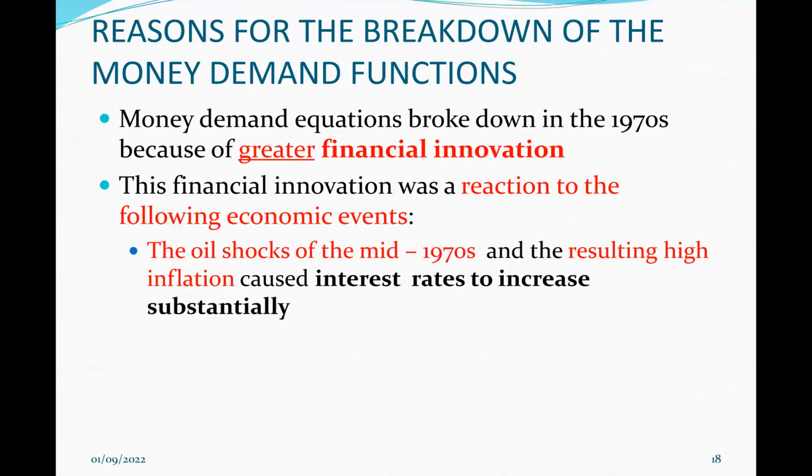The money demand equation broke down in the 1970s because of greater financial innovation. The financial innovation was a reaction to the oil shock of the mid-1970s and the resulting high inflation that caused the interest rate to increase.